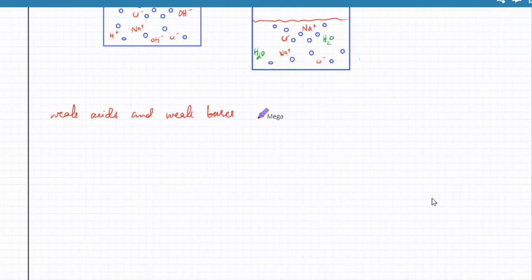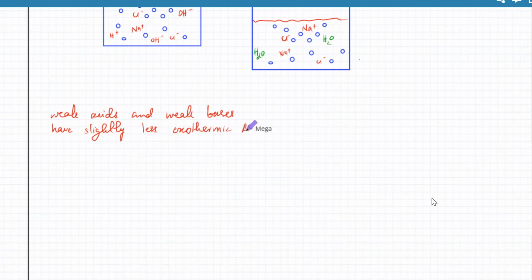So weak acids and weak bases have a slightly less exothermic delta HN. Slightly less exothermic.